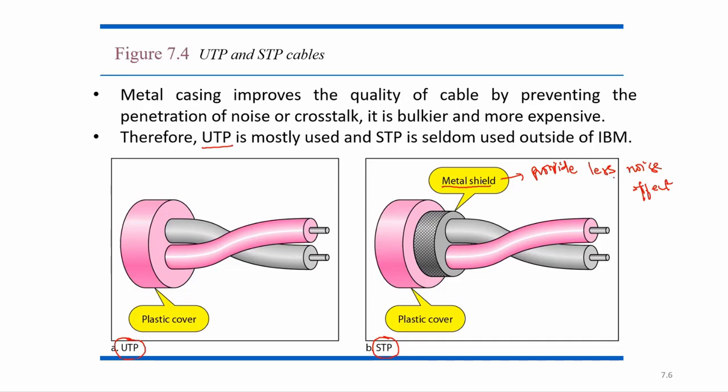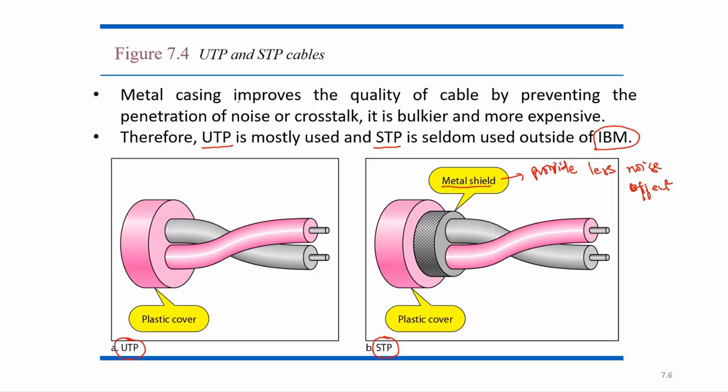Having less noise effect is an advantage of the system, but the disadvantage is that it will be costly. So that's why STP type of twisted pair cables were only used in the IBM system. That was implemented by IBM only. In all other cases of twisted pair cables, UTP, the unshielded type, was used because the STP type was mostly costly. What is the meaning of shielding?